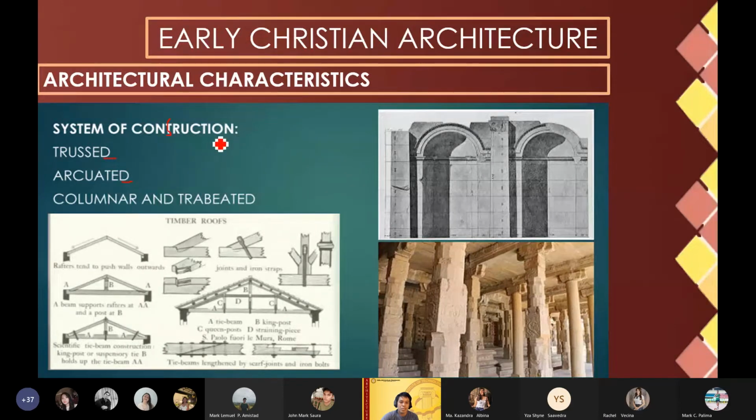Trussed is the one that forms the triangle. We have the king post and the web members. Later in your building tech, you'll learn how to draw these types. The truss holds your roofing. During early Christian architecture, they used this kind of construction.